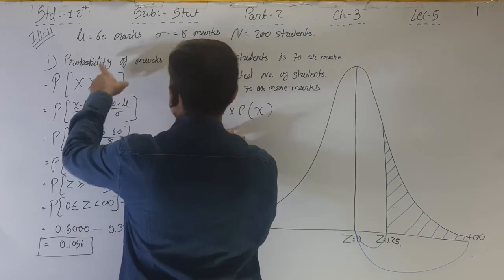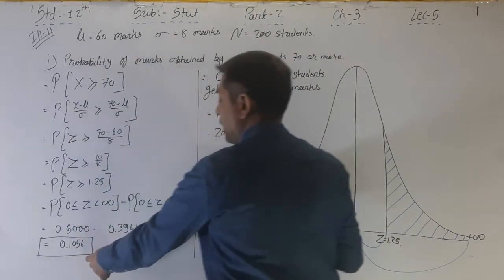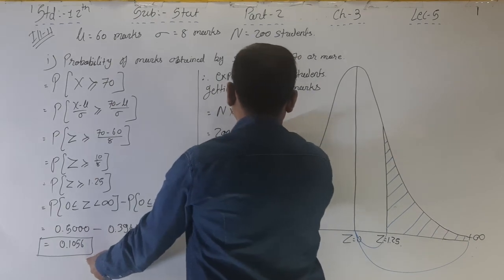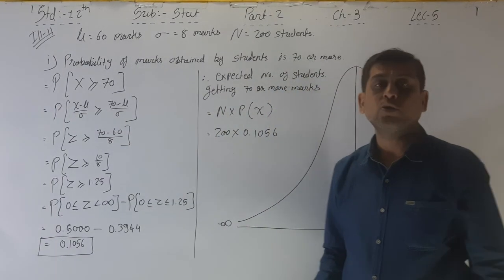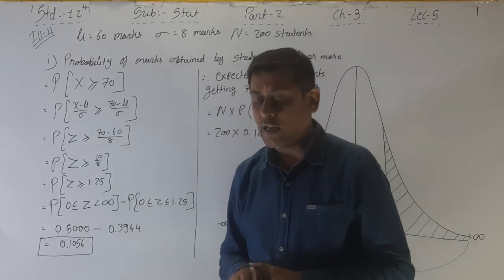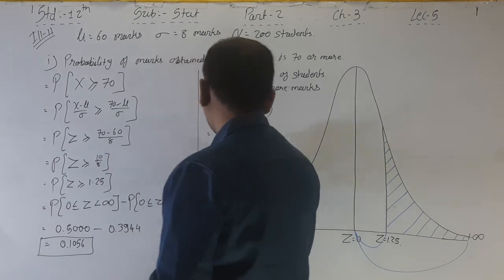N is equal to 200 students and the probability is 0.1056. So 200 into 0.1056, that is 21.12 students.